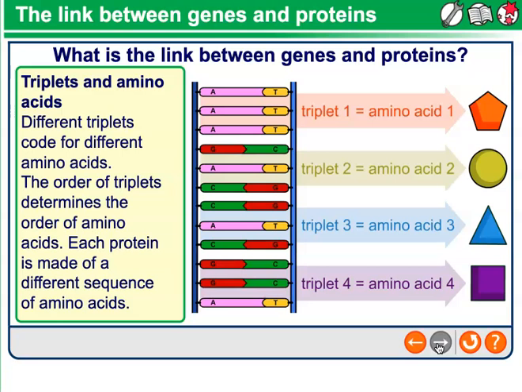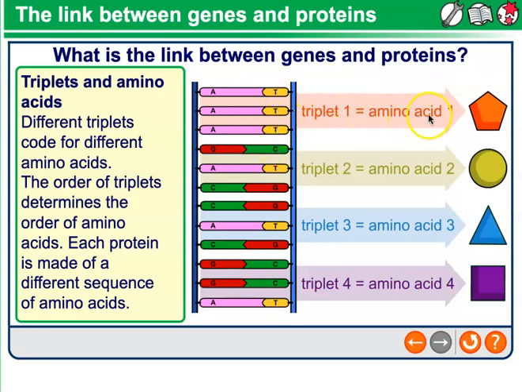Triplets and amino acids. Different triplets code for different amino acids. The order of triplets determines the order of amino acids. Each protein is made of a different sequence of amino acids. So here we have the triplet TTT.